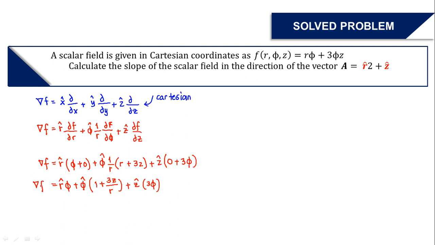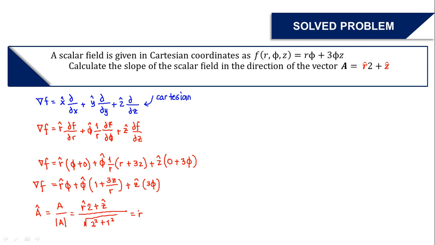We want to get the direction, sense ng direction natin. So, we must solve first yung ating a hat. So, yan. Computing ko na ha. So, a hat, that's r hat 2 plus z hat over the square root of 2 squared plus 1 squared.